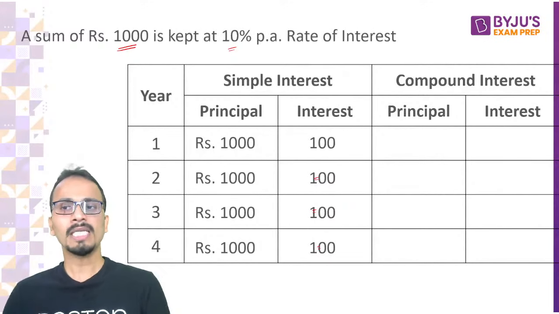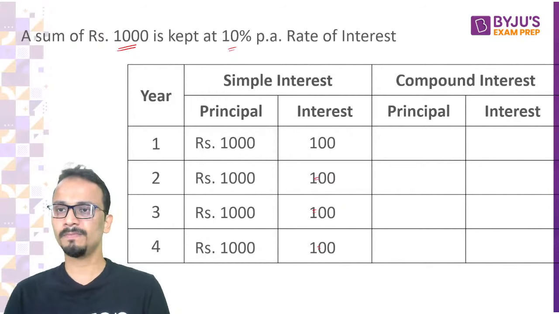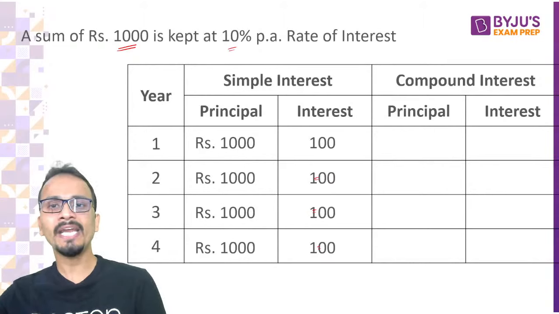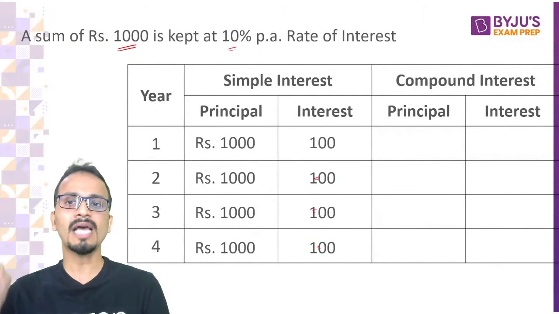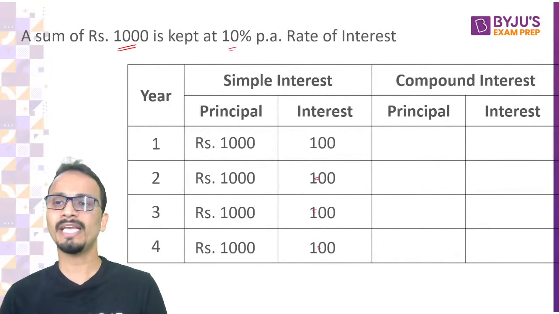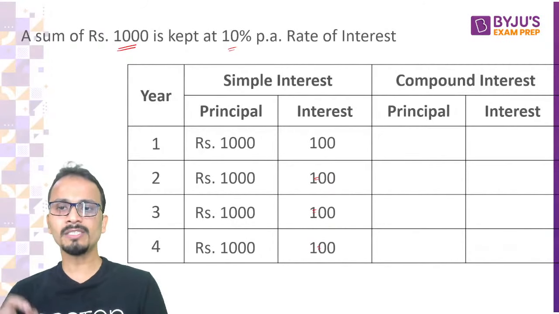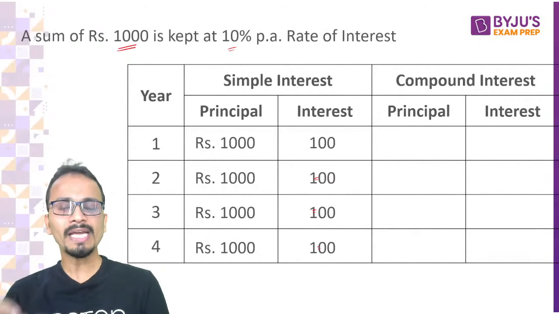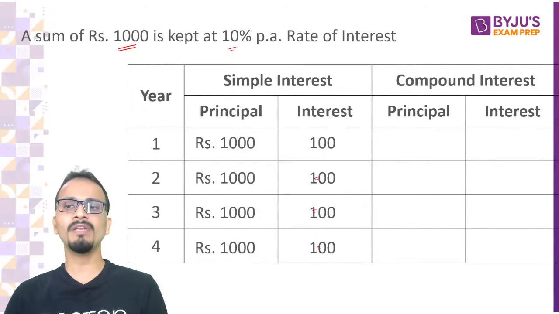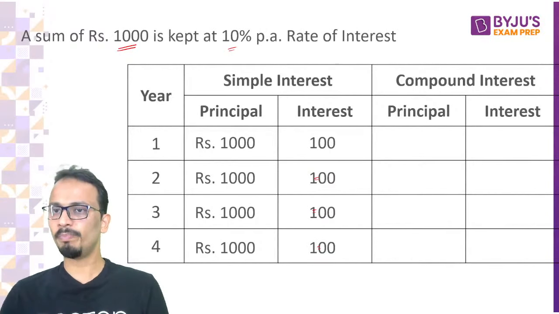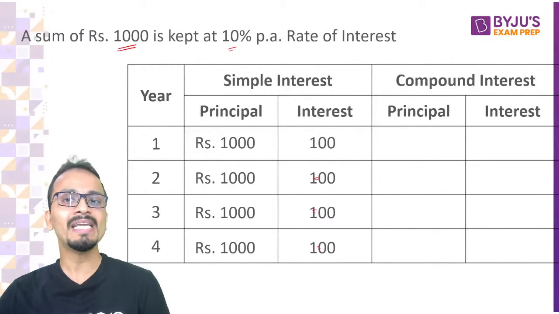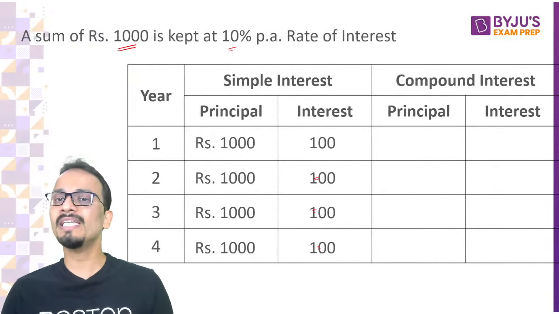In compound interest, the final value at the end of any year, that means the amount at the end of any year, becomes the principal for the next year. So the amount at the end of the first year will be equal to the principal for the next year. Basically we will be implementing an increase over the increased value.